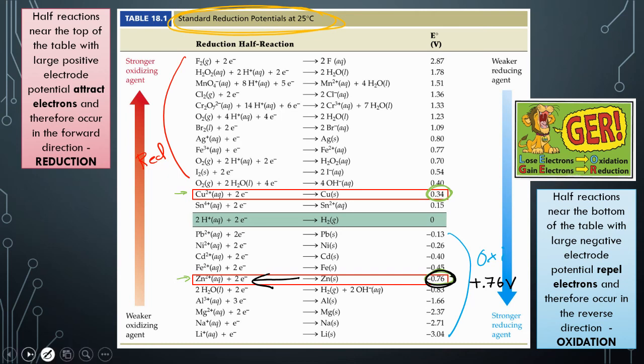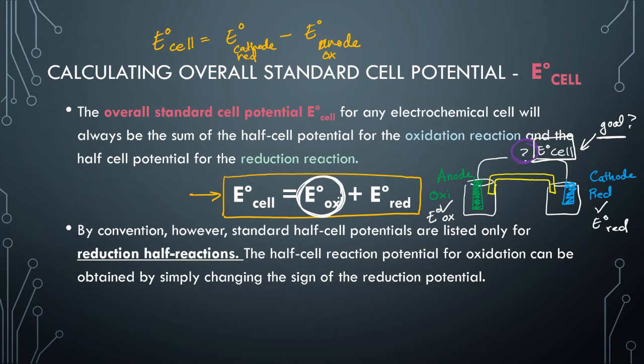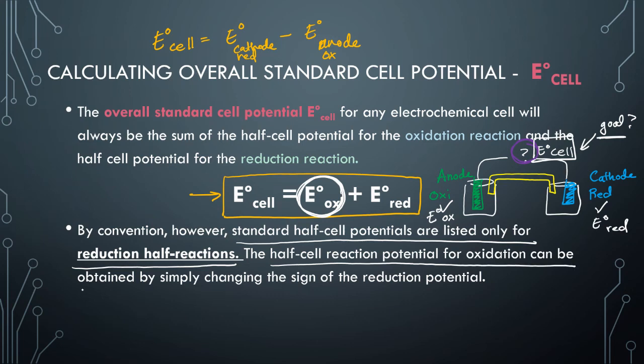Okay, so you just have to remember that is oxidation and flip the sign. Since the standard half cell potentials are listed only for reduction half reactions, the half cell reaction potential for oxidation can be obtained by simply changing the sign of the reduction potential. So zinc becoming reduced is negative 0.76. Zinc becoming oxidized is positive 0.76. Okay, super easy.